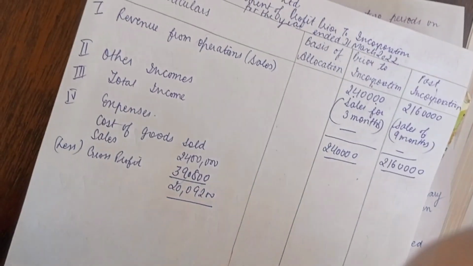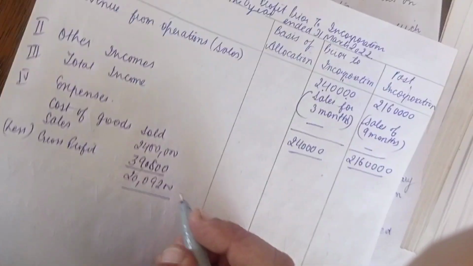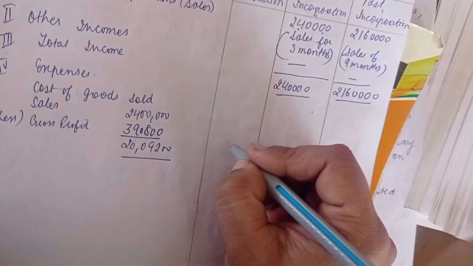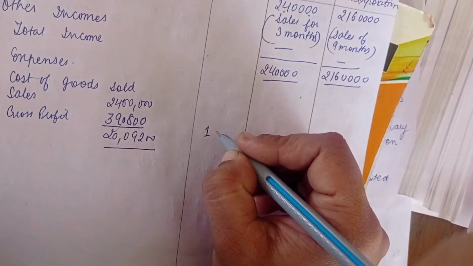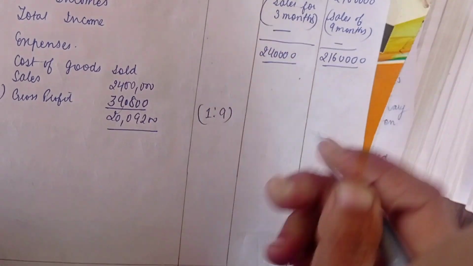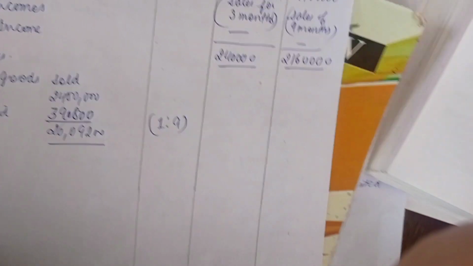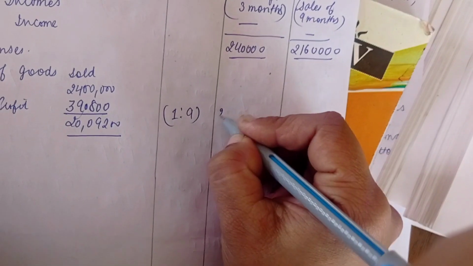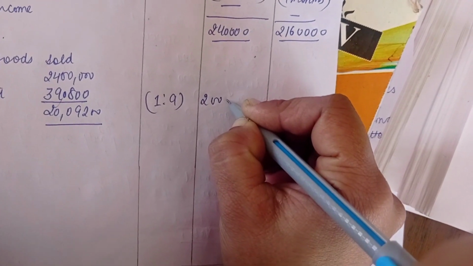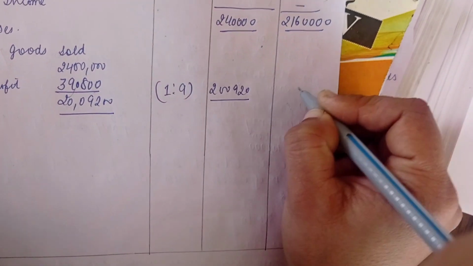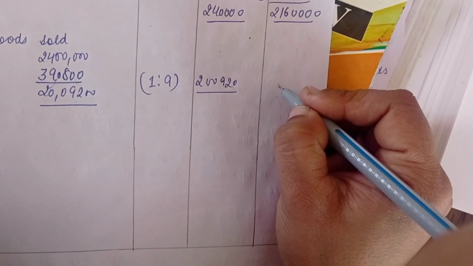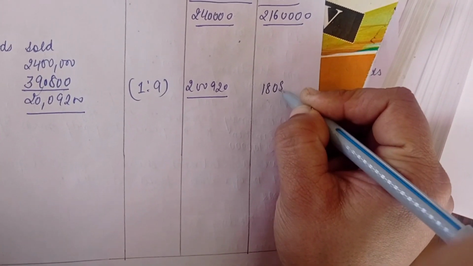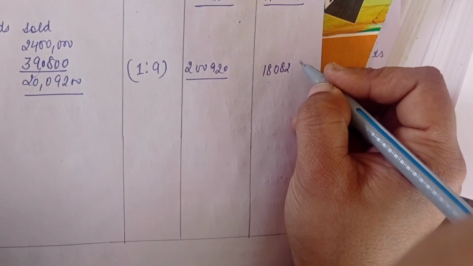Now because this is cost of goods sold, we will apportion it in the sales ratio, that is 1:9. The amount will be 2,09,920, and here 18,08,980.